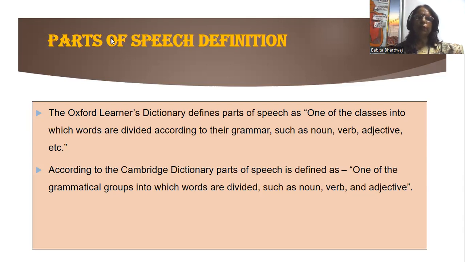So these are some of the common definitions of parts of speech. One by one, we'll go through these parts of speech, and then we'll discuss some questions based on which you can prepare for your common entrance exam.